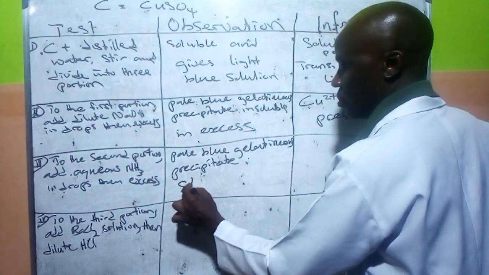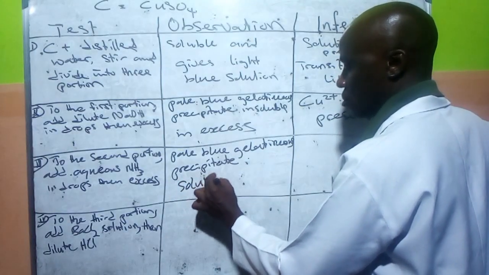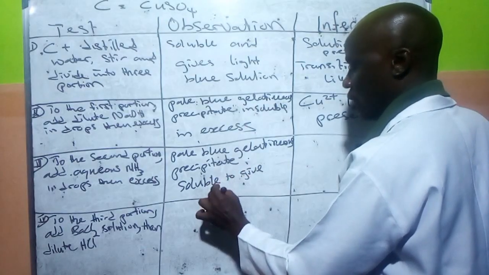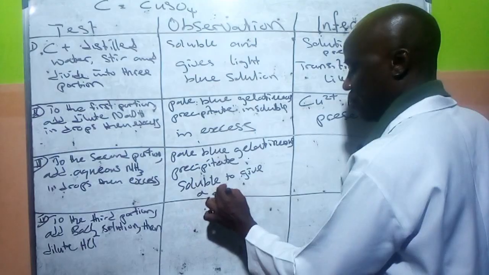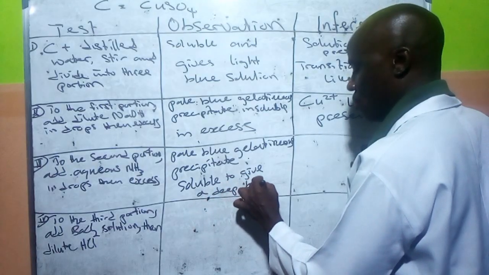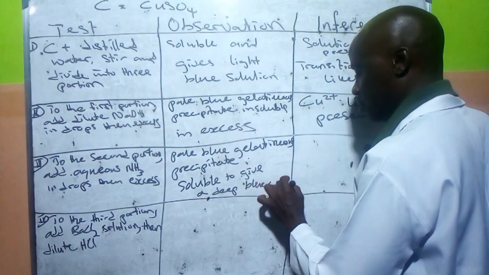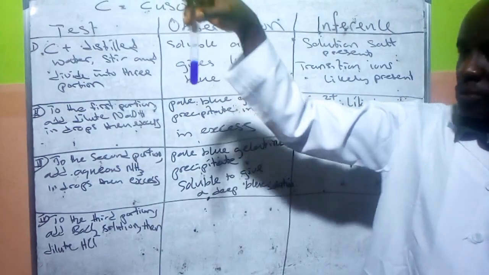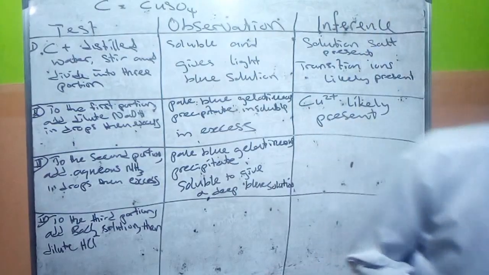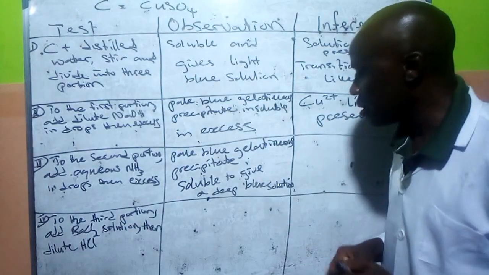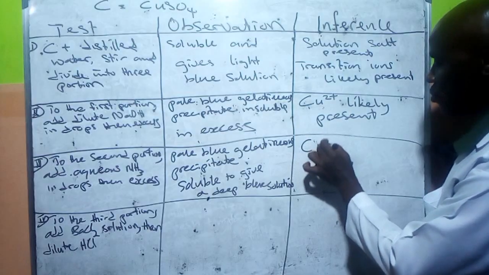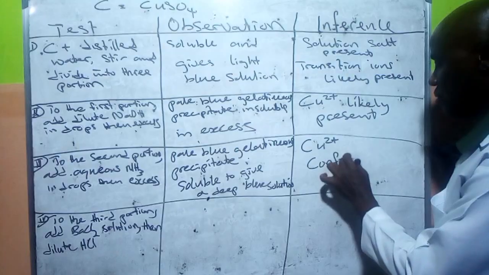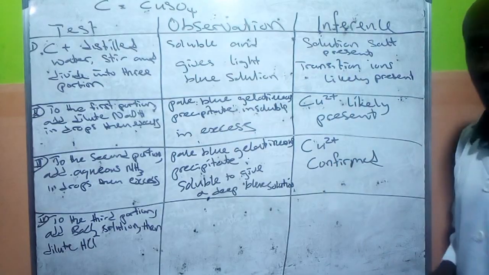This time it is soluble to give a deep blue solution. That is a deep blue solution, as you can see here. So we have already stated our observation. So what next? Here, what we have here is what? Copper 2 ion confirmed.